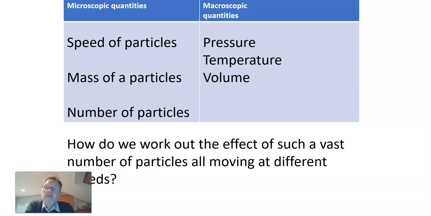So it's looking at the underlying causes, what actually is going on at the particle scale, and we'll be looking at speed of particles, the mass of particles, and the number of particles in order to explain some of the macroscopic properties, quantities that we know quite well. So things like pressure, temperature and volume.